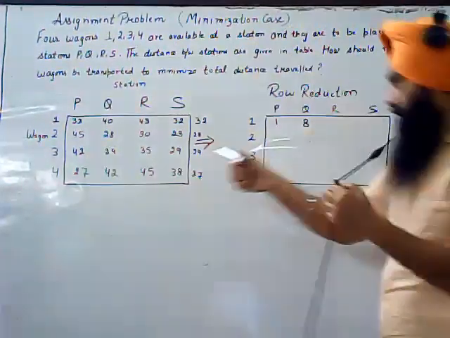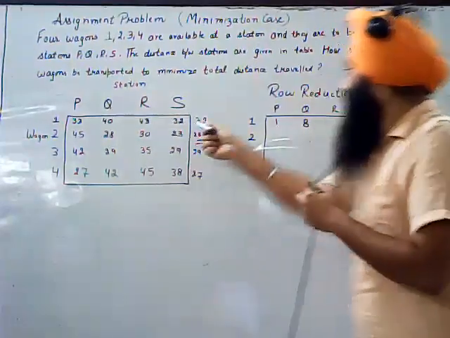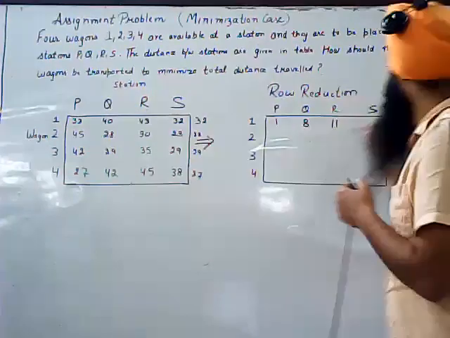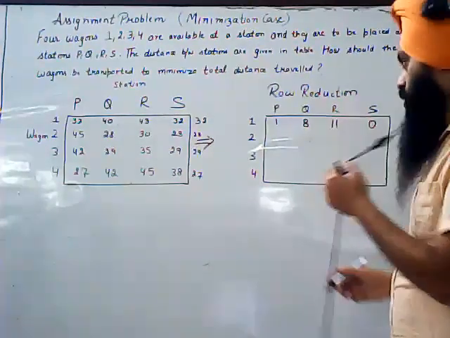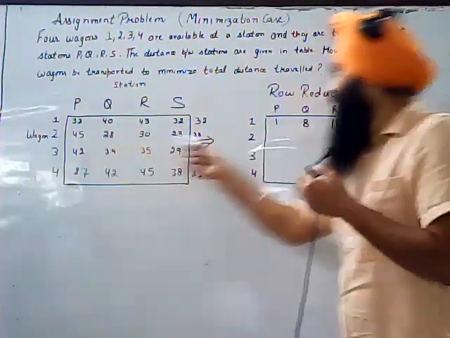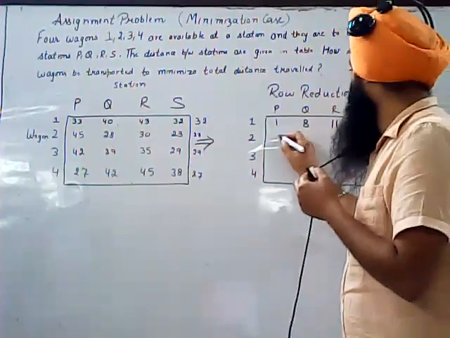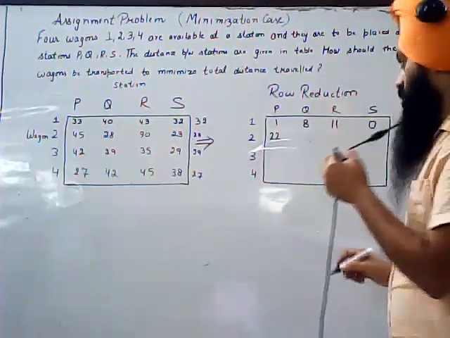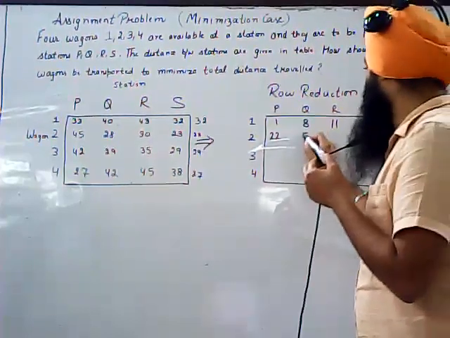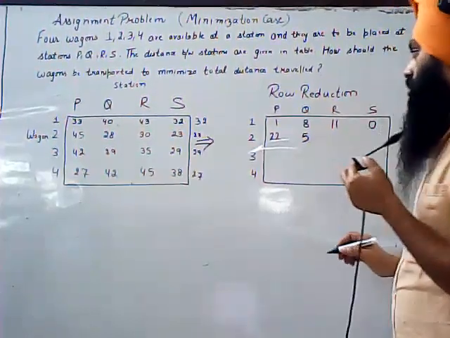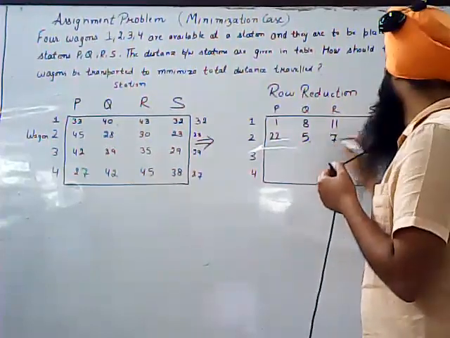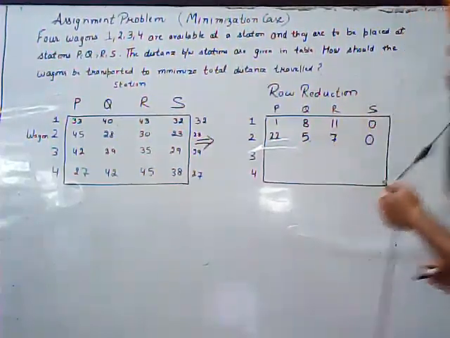The next value is 43 minus 32, 11. 32 minus 32, the value will be 0. 45 minus 23, 22. 28 minus 23, 5. 30 minus 23, 7. And 23 minus 23 will be 0.